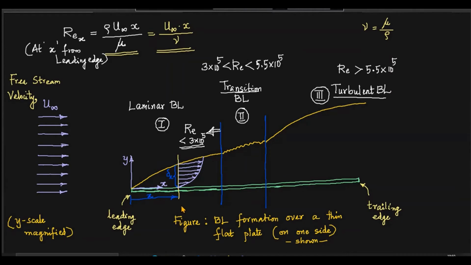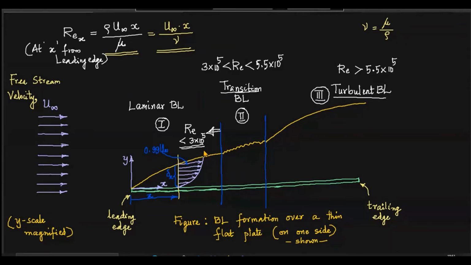At the edge of the boundary layer, since there is an asymptotic variation, the velocity is 99% of the free stream velocity. So 0.99 times u infinity; not exactly infinity, but outside the boundary layer the velocity becomes the free stream velocity u infinity. Just at the edge of the boundary layer, the topmost arrow here, this length is 0.99 u infinity.